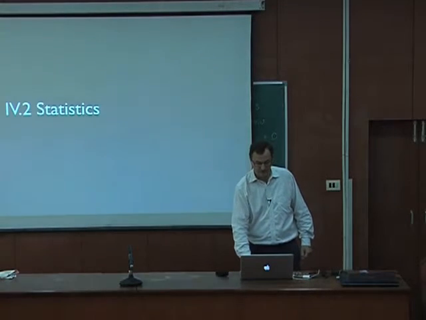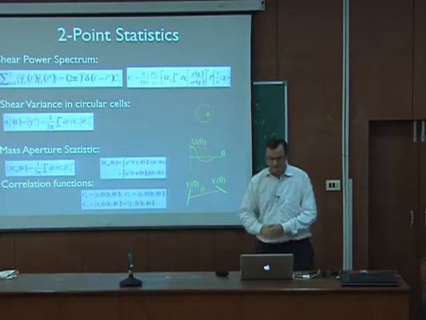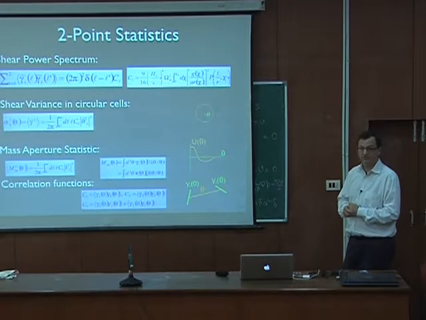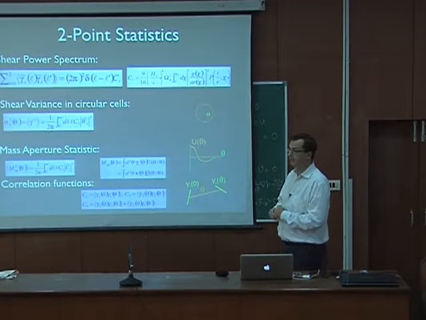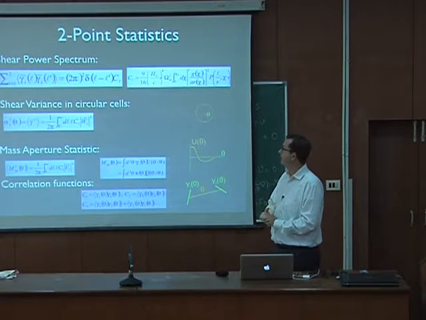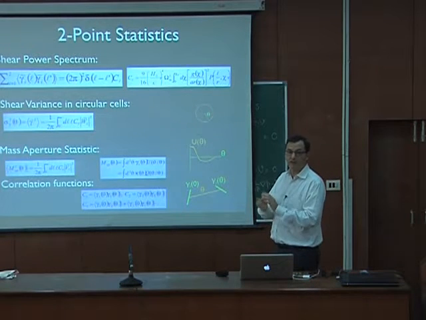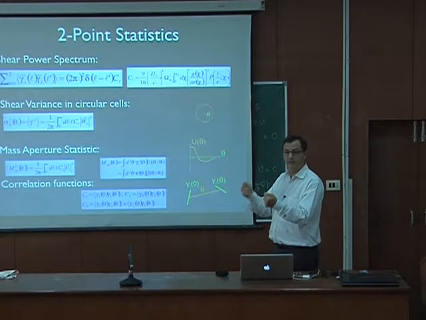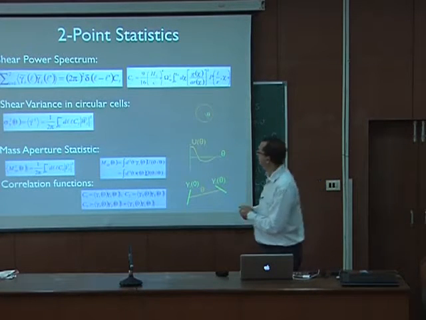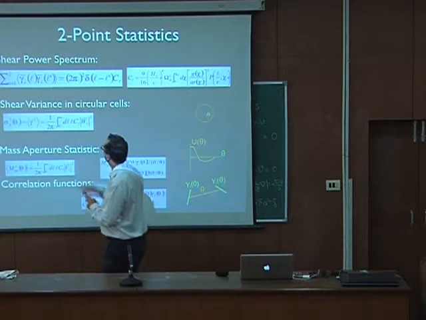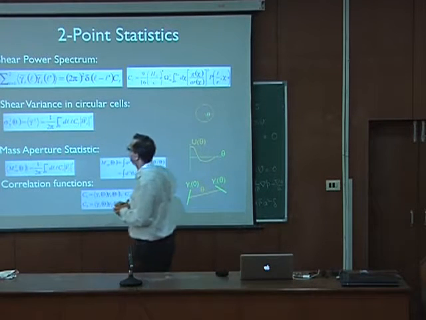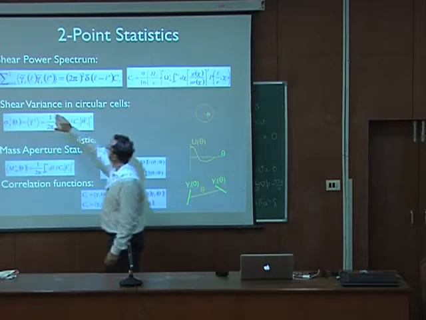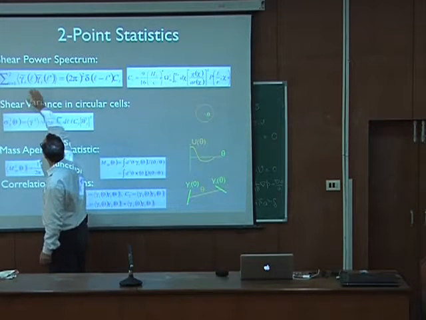Several have been introduced. The lowest order statistics are called two-point statistics, and they characterize how much clustering, or how many fluctuations there are as a function of scale, by taking products of shears at 2 points. An example is given here with the shear power spectrum. In this case, you can imagine taking a Fourier transform. So you have the shear field, which is generally a function of position.